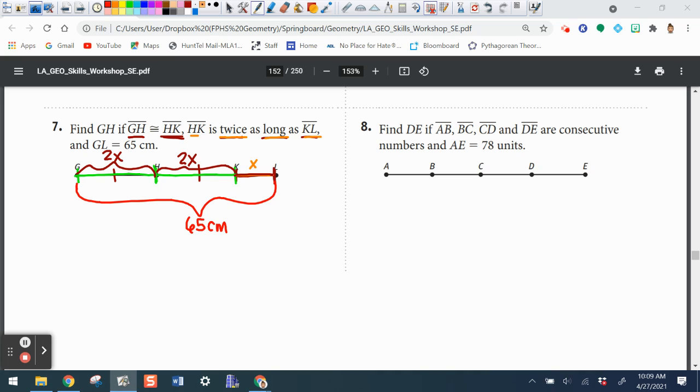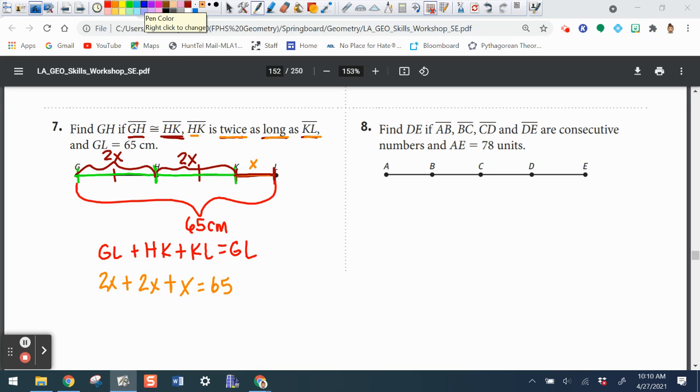So we'll write a formal equation. GH plus HK plus KL is equal to GL. We'll replace it with the values we created, or known values. So GH we'll replace with 2x, HK we'll replace with 2x, and KL we'll replace with x. And last but not least, GL we'll replace with 65.